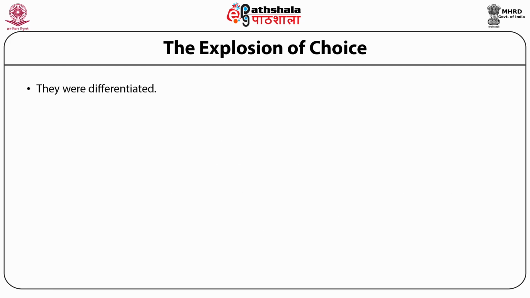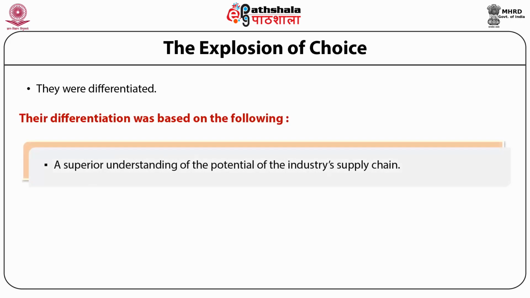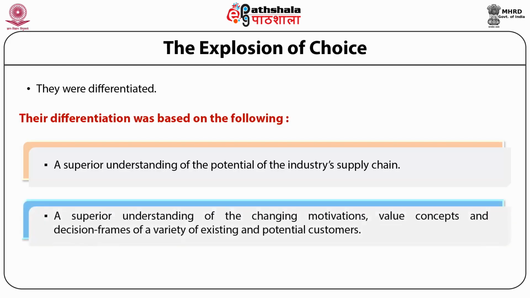They were differentiated, and their differentiation was based on, firstly, a superior understanding of the potential of the industry supply chain, and secondly, a superior understanding of the changing motivations, value concepts, and decision frames of a variety of existing and potential customers.